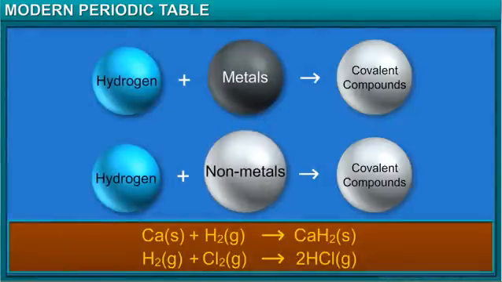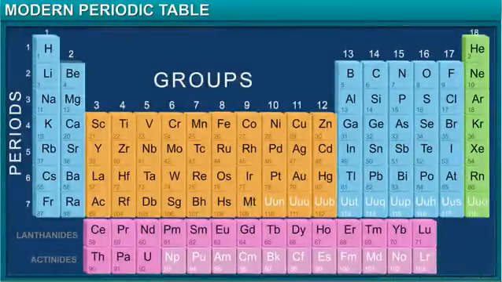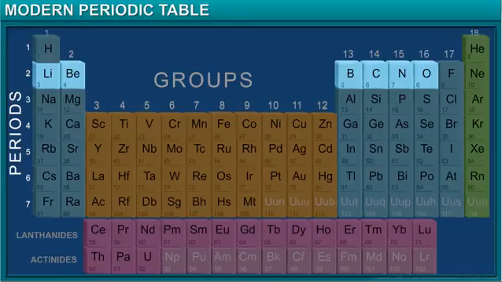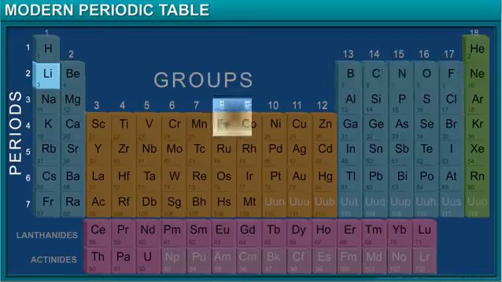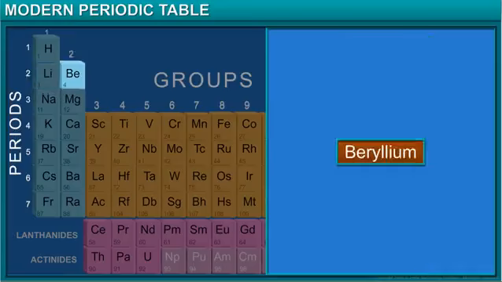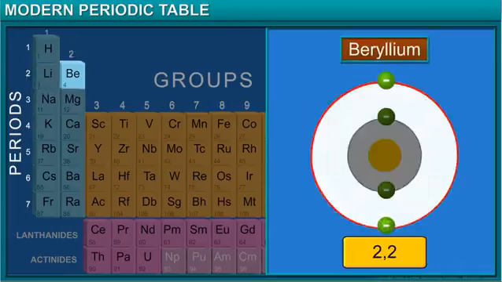When we look at the long form of periodic table, we find that the elements lithium, beryllium, boron, carbon, nitrogen, oxygen, fluorine and neon are present in the second period. The electronic configuration of lithium is 2, 1. Beryllium is 2, 2.